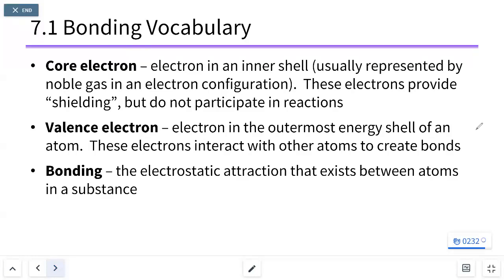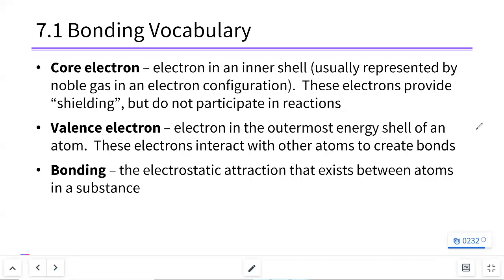We talked about the concept of a core electron and a valence electron all the way back in module 3 when we brought up the idea of electron configurations. If you don't remember the difference, think about the difference between a noble gas configuration and a complete configuration.